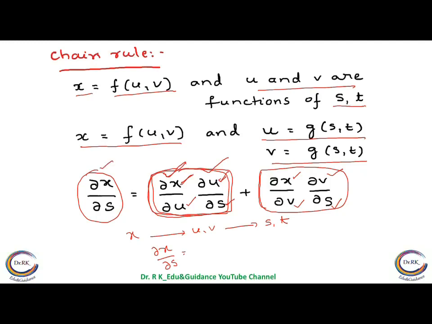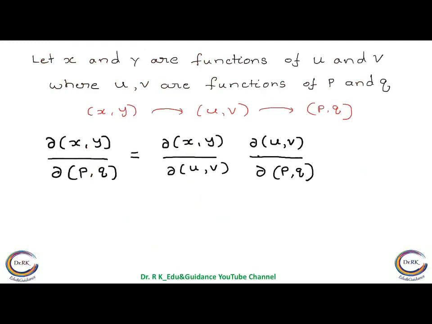This is the chain rule concept we are familiar with. Now we'll extend this understanding in terms of Jacobians. Very simple. Let x and y be functions of u and v, where u and v are functions of p and q. We want the Jacobian of x, y in terms of p and q.